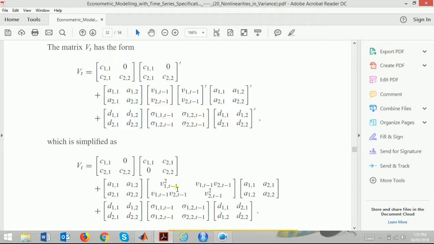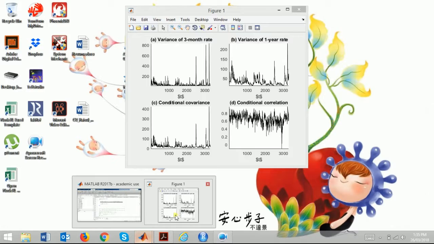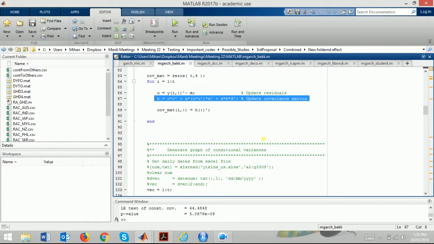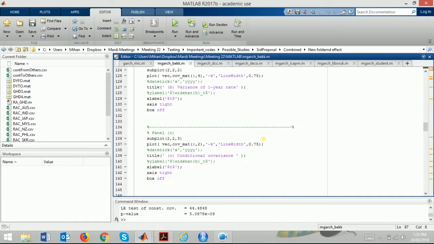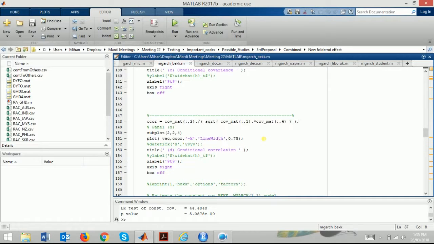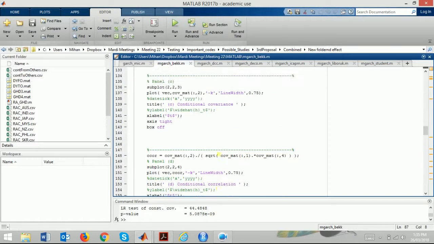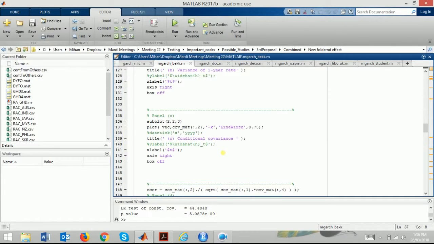Conditional covariance is this diagonal element. So 1 and 4 are variances, 3-month rate and 1-year rate variances, and this is the 4th column, which makes it the third column the correlation.